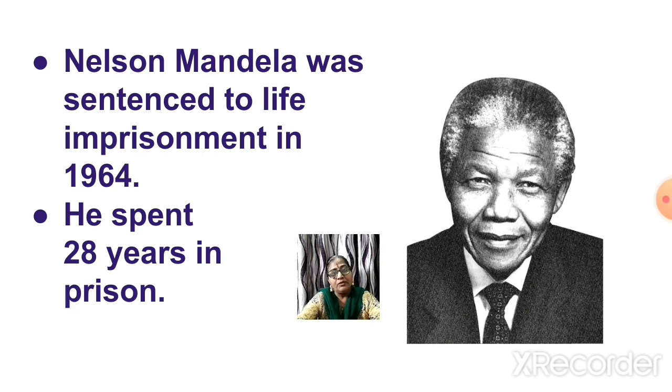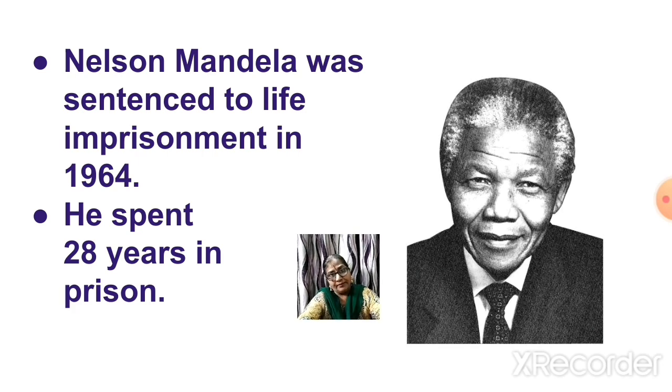Nelson Mandela was tried for treason. Treason means the crime of betraying one's country. That is the biggest crime. And this was done by the white South African government. Now I'll explain to you who the whites are.